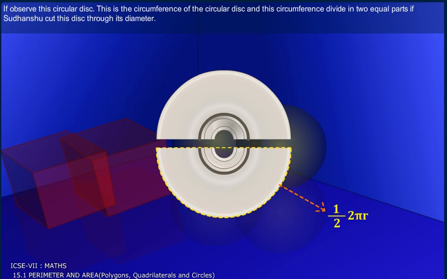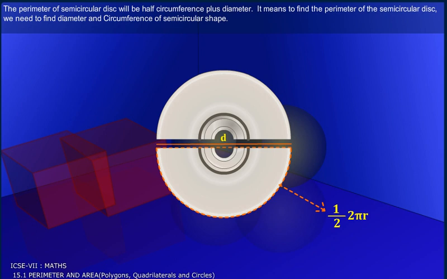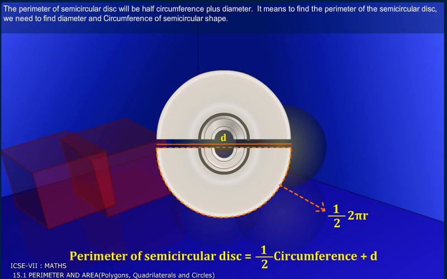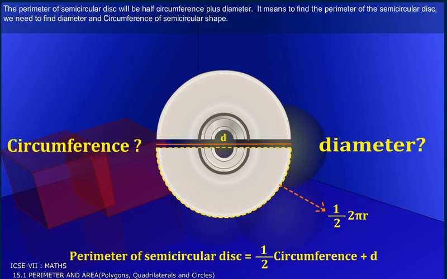If Sudhanshu cuts this disc through its diameter, the perimeter of the semicircular disc will be half circumference plus diameter. It means to find the perimeter of the semicircular disc, we need to find the diameter and the circumference of the semicircular shape.